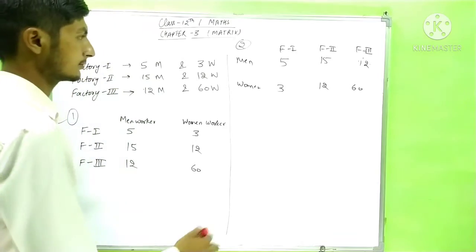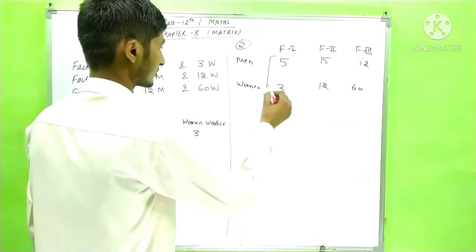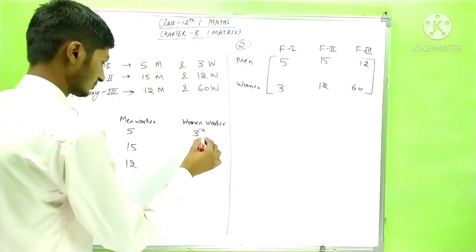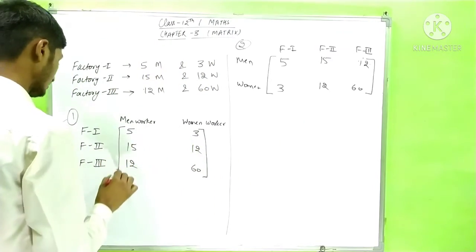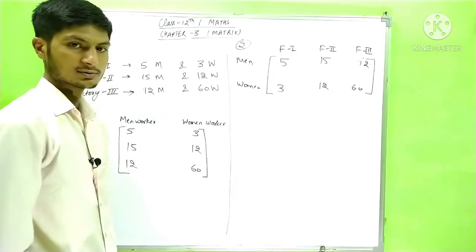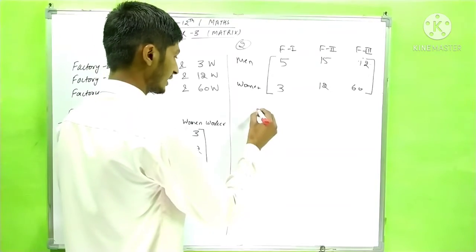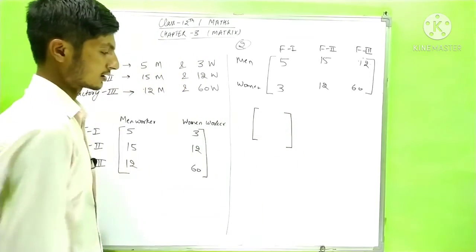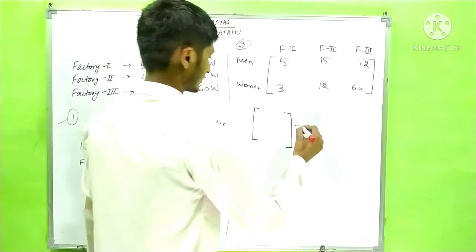So if we put a big bracket here, then this becomes a matrix. The symbol of matrix is this big bracket.